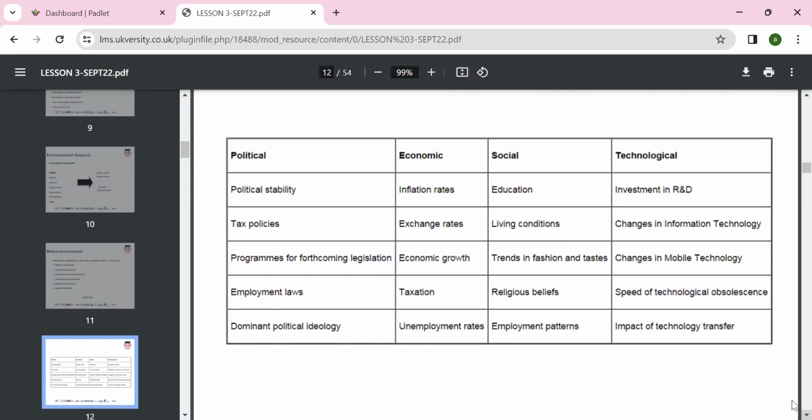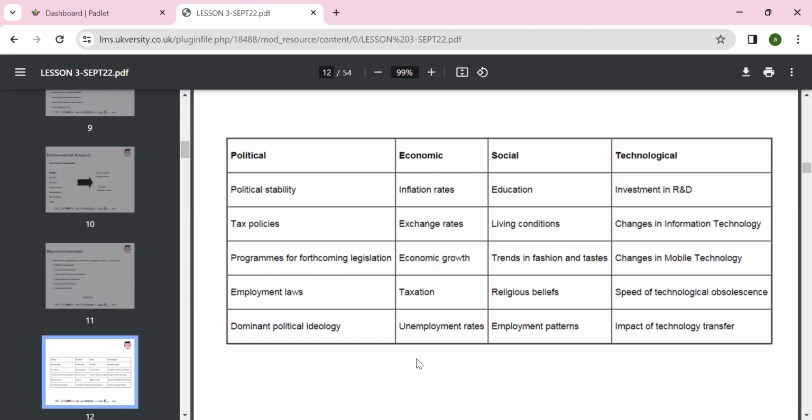PEST starts with political stability. Where you want to do business, you have to look at the political stability in the country. If you have political stability in the country, that will bring more benefit to companies and organizations. Then tax policies, forthcoming legislation, employment laws, and dominant political ideology, like Labour or Conservative ideology.